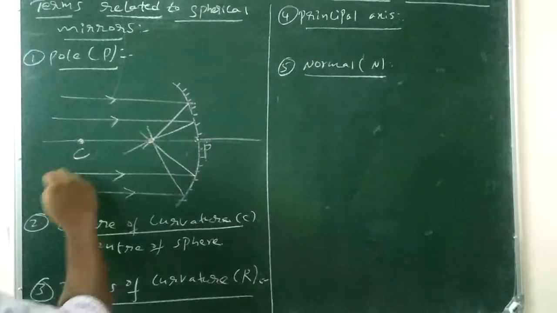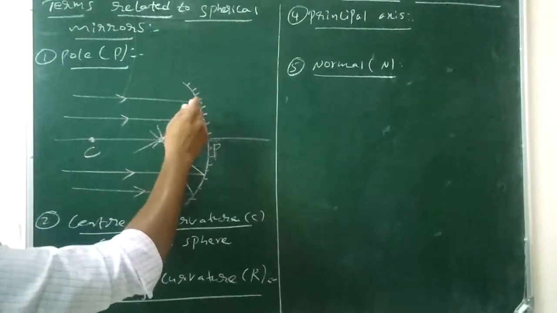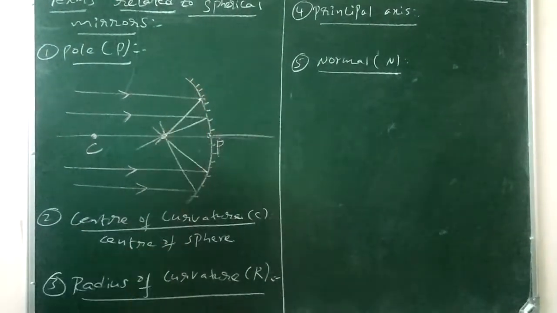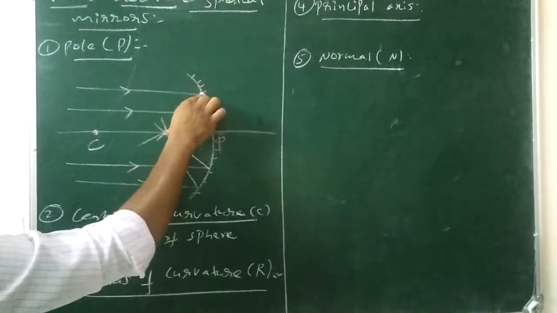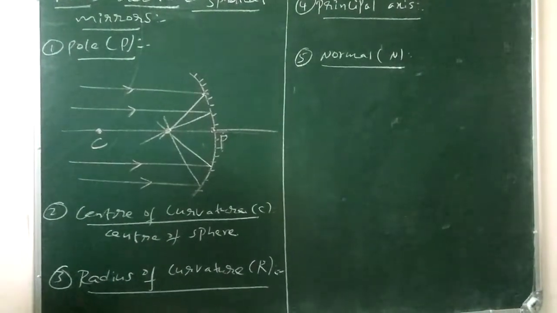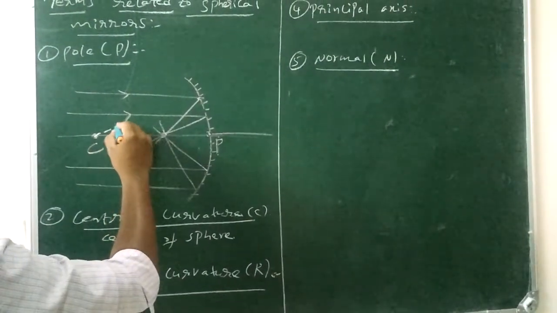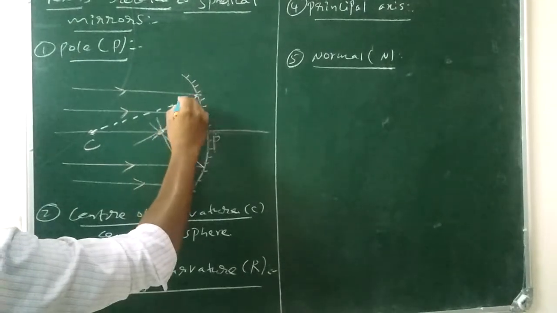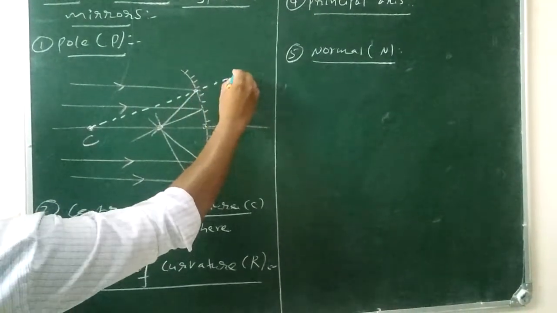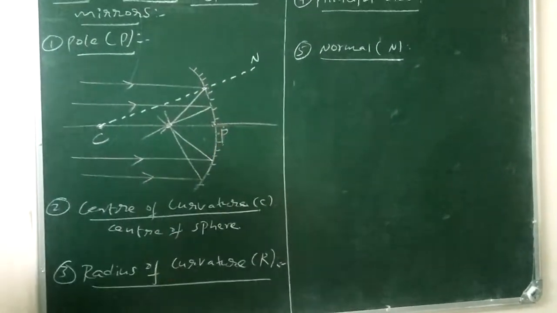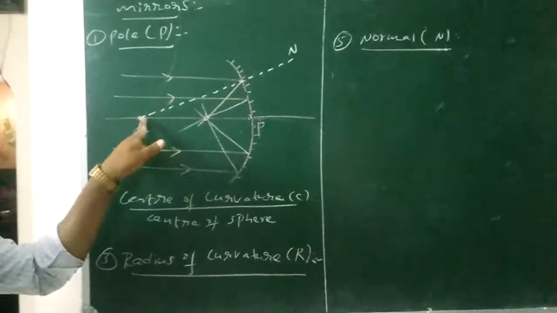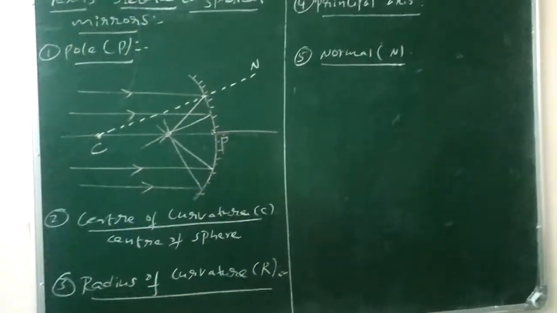Now we have to draw the line joining the point of incidence, this point we call the point of incidence, to the center of curvature. This is the normal. The line joining the point of incidence to the center of curvature is called the normal.